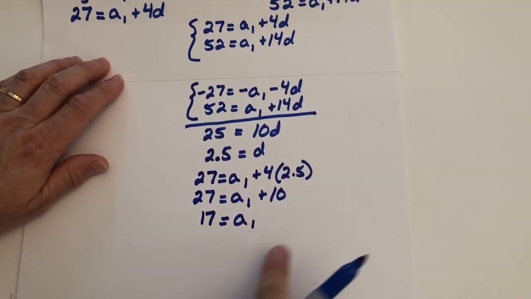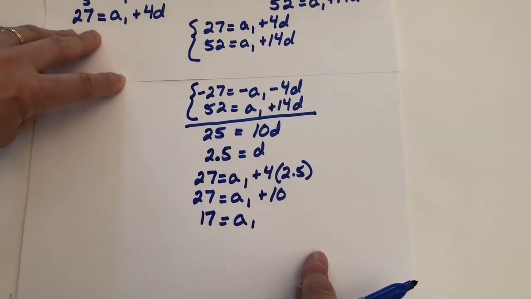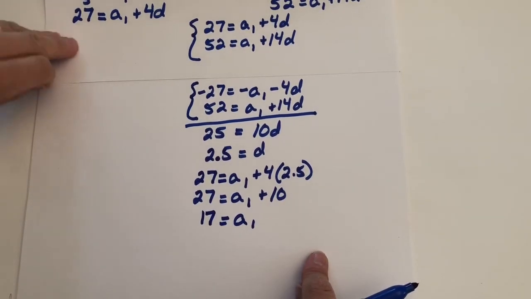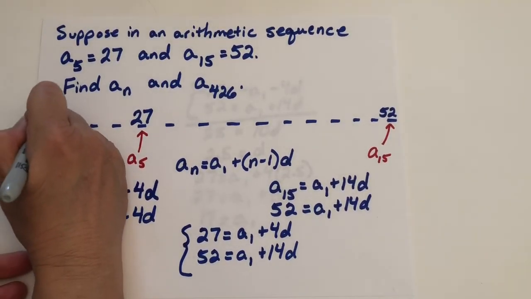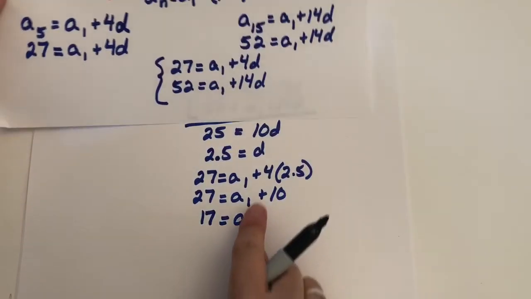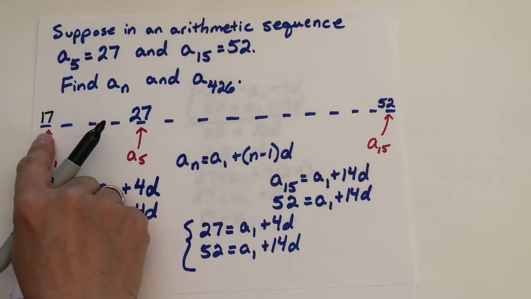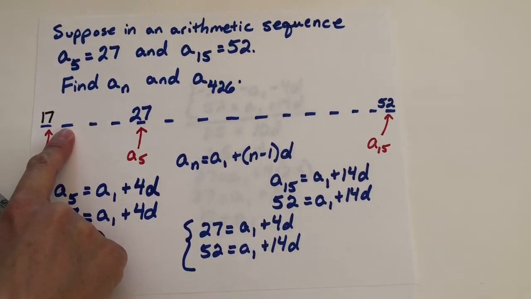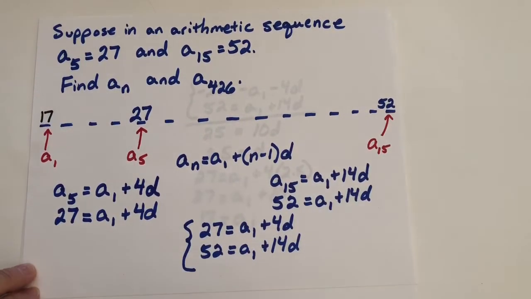So after solving this system, what I now know, back over here, is that this term right here is known now to be 17. And the common difference for this problem is 2.5. So to get from the first term to the second term, I would add 2.5 and then another 2.5 and plus 2.5 throughout the sequence.